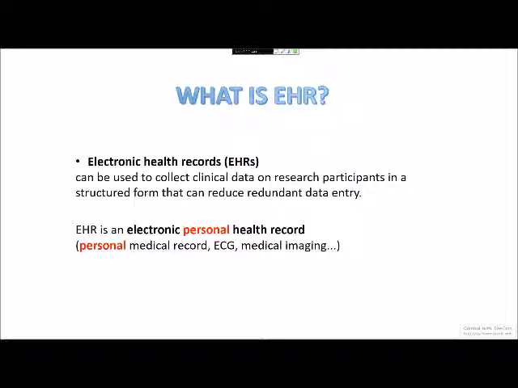And what is the difference between EMR, EHR, and PHR?